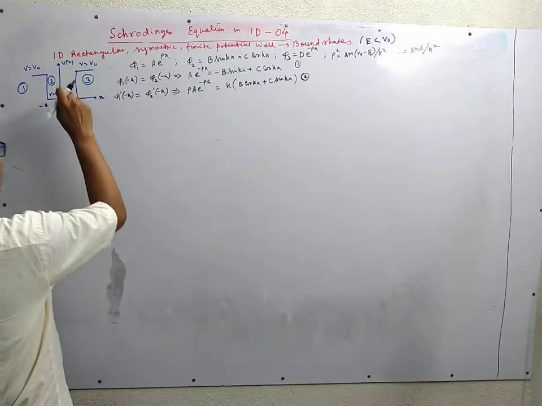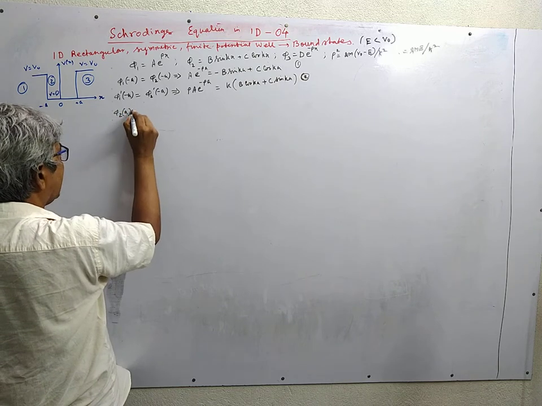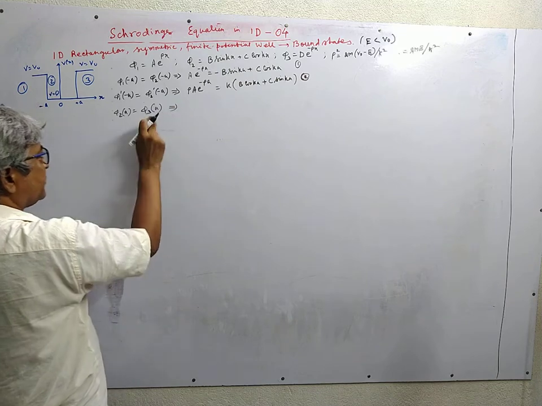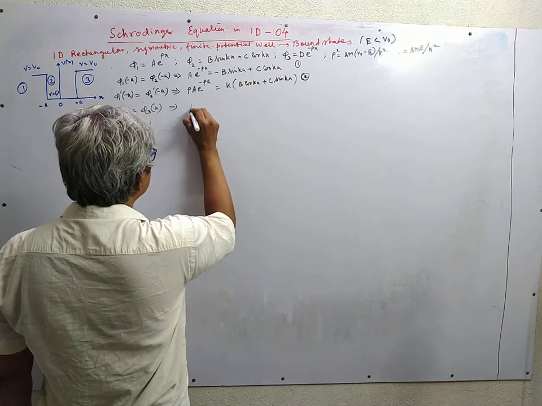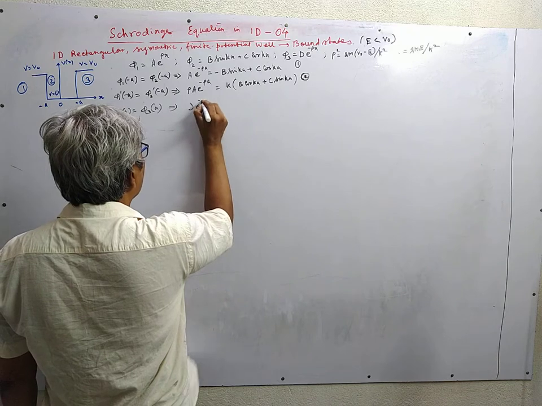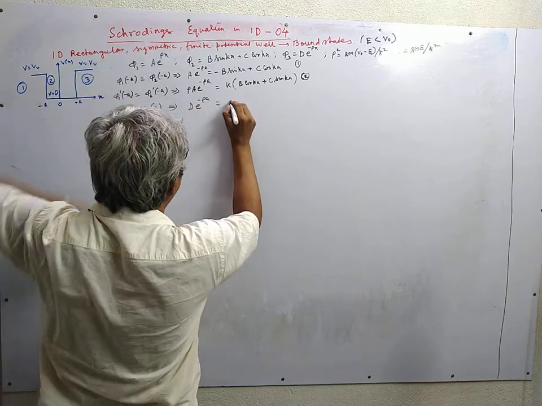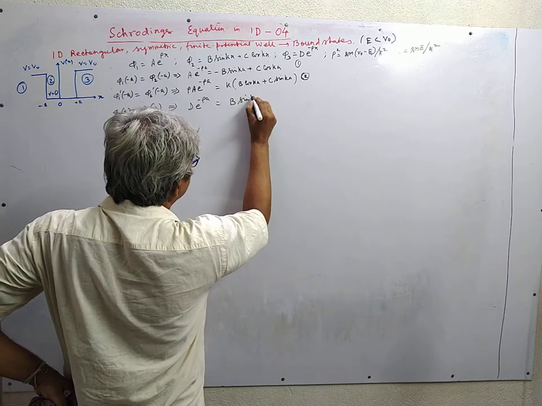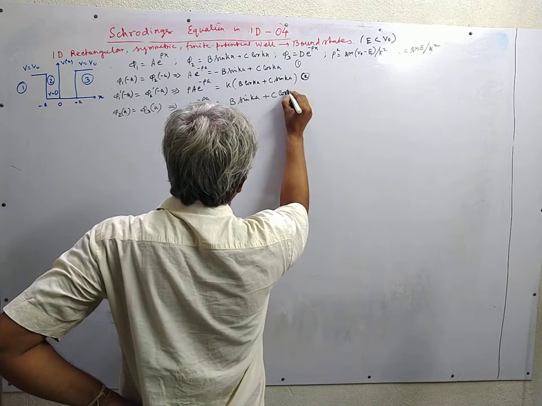Then we apply the boundary condition on the right one. This is phi 2 at plus a equal to phi 3 at plus a. For the sake of simplicity, we write the phi 3 part first. So this is D e to the power minus rho a equal to B sin ka plus C cos ka.